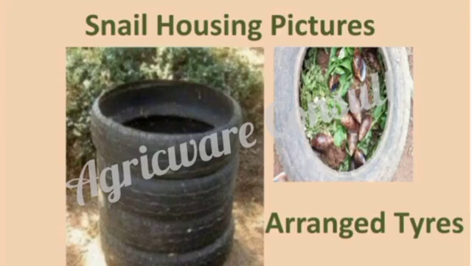You can have as high or as tall as you want for the snail house. The disadvantage with this type of snail house is that you have to be able to keep the tires in place. It has to be kept in a place that it is not disturbed.